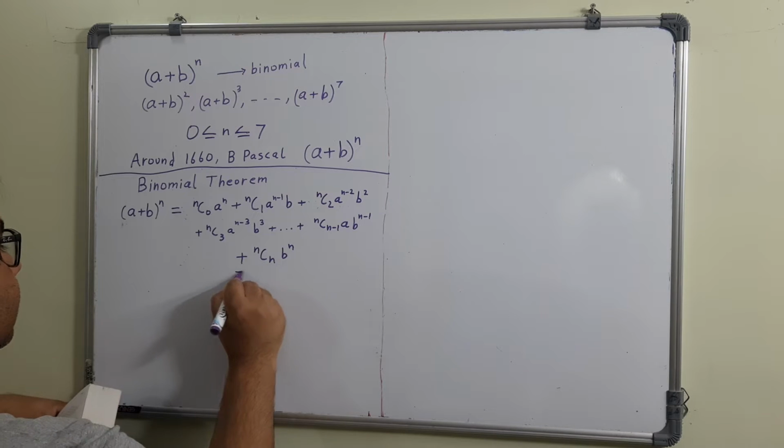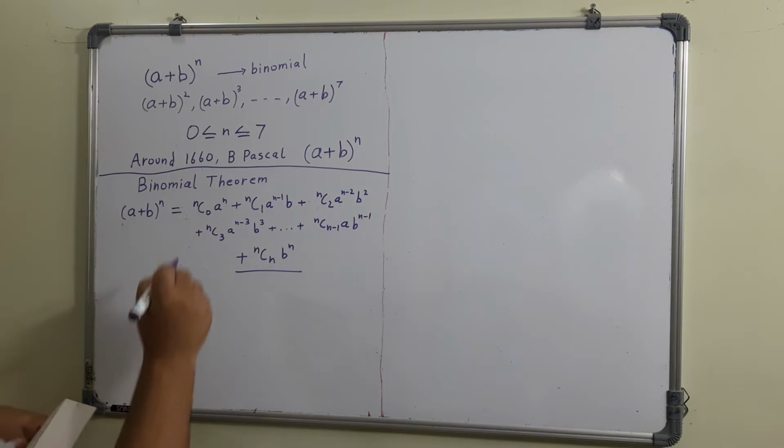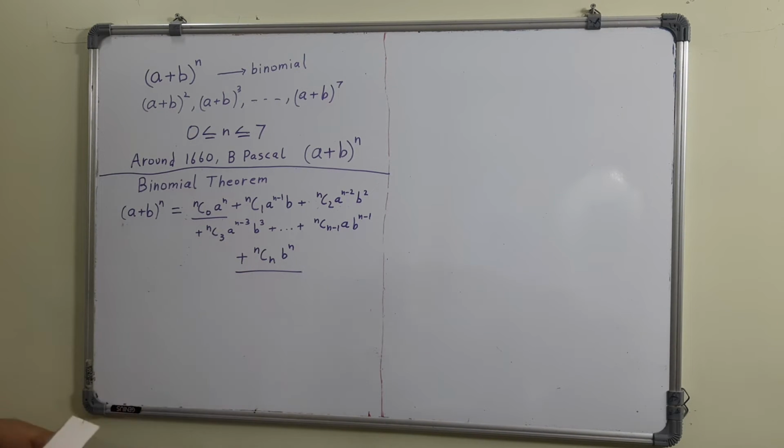This is the last term. This is the first term. So in this way, the binomial theorem (a + b)^n is expanded for non-negative integers.